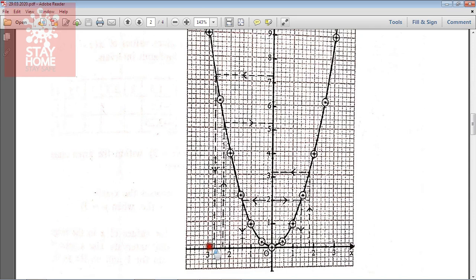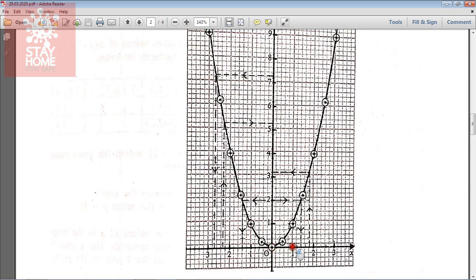And now come to the point. For x equal to -3, y equals 9. On this side, 1, 2, 3, 4, 5, 6, 7, 8, 9. So mark 9 and bring this to the straight line. After that, -2 gives 4, this point. Then -1 gives 1. Then 0 gives 0.